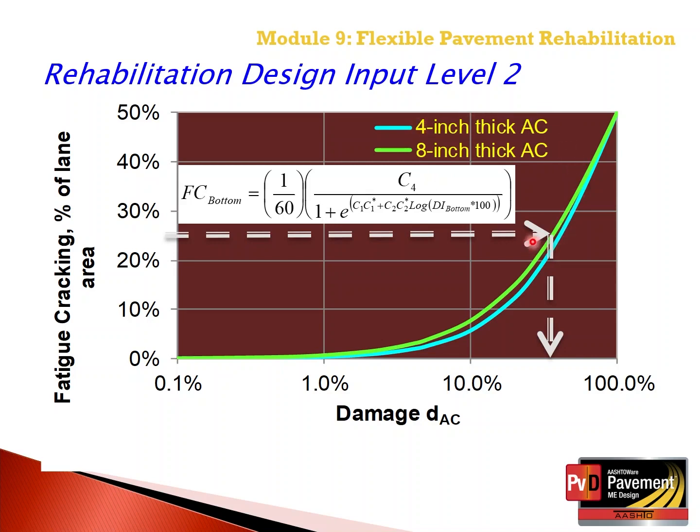A 4-inch layer would have more damage than the 8-inch thick total asphalt layer for these two examples, for the same amount of fatigue cracking measured at the surface, all other factors being equal.